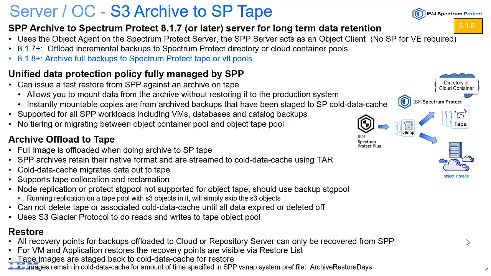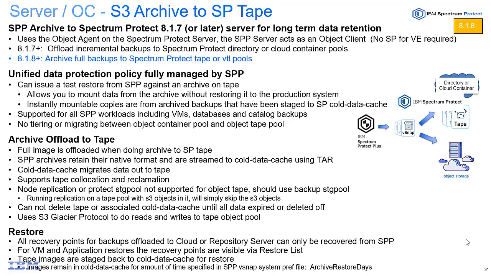We support these types of offloads and archives for all Spectrum Protect Plus workloads, so whether those are virtual machine backups or database backups or catalog backups. There is no tiering or migrating between an object container pool that was used to do a Spectrum Protect Plus incremental offload and an object tape pool which contains the Spectrum Protect Plus archive full backups.